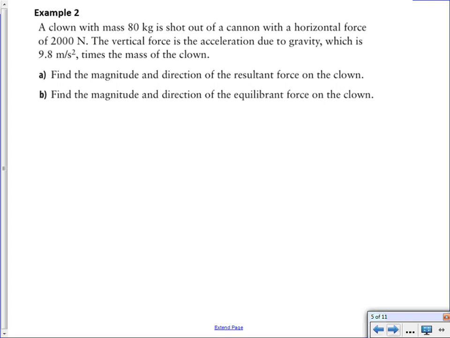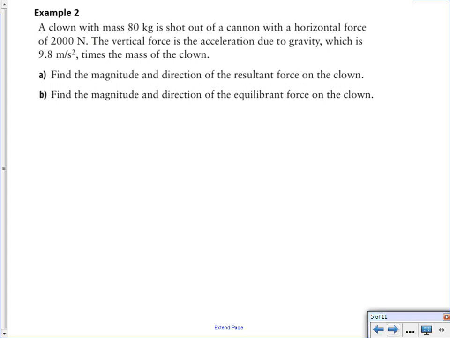So let's find A. A has nothing to do with equilibrium, it's just find the magnitude and direction of the resultant. So let's draw what's happening here. No picture provided, so we have to do it DIY, make your own picture. A clown is shot out of a cannon with a horizontal force of 2,000 newtons.